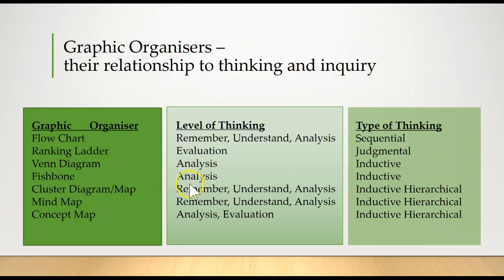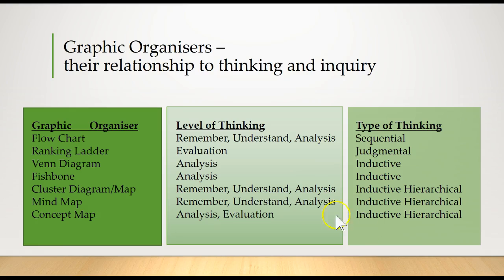Wishbone is analyze, type of thinking inductive. Cluster diagram and a mind map both have got remember, understand, and analyze, and it is an inductive hierarchical type of thinking. And then your concept map is analyze and evaluation, and it's also an inductive and hierarchical understanding.